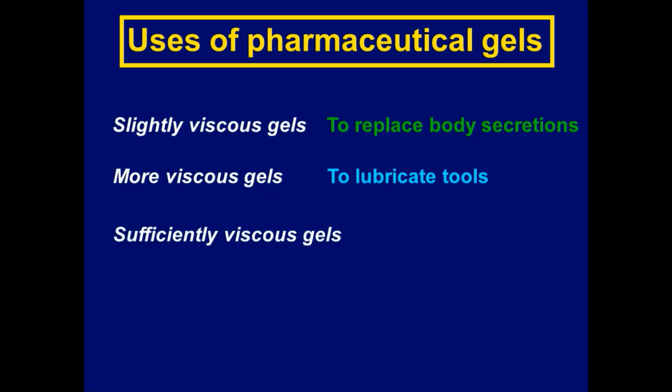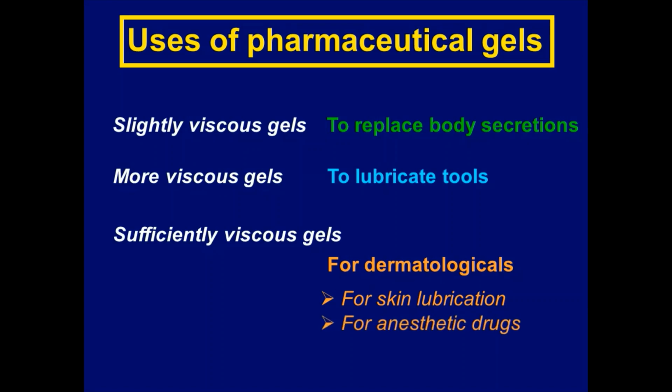Sufficiently viscous gels are used for dermatologicals. For example, they may be used for skin lubrication or for anesthetic drugs, أدوية مخدرة اللي هو المخدر الموضعي, or for antiseptic drugs, دواء مطهر برضه موضعي على الجلد.